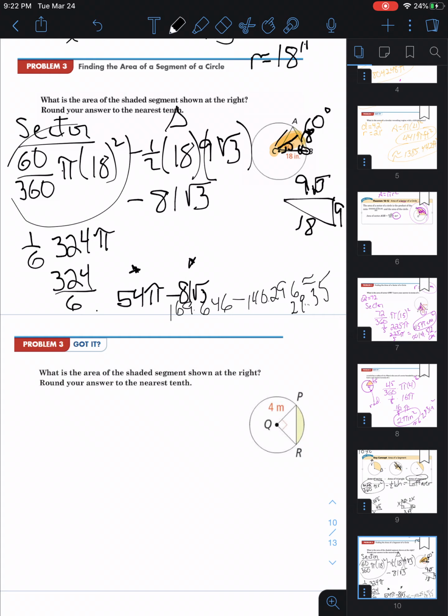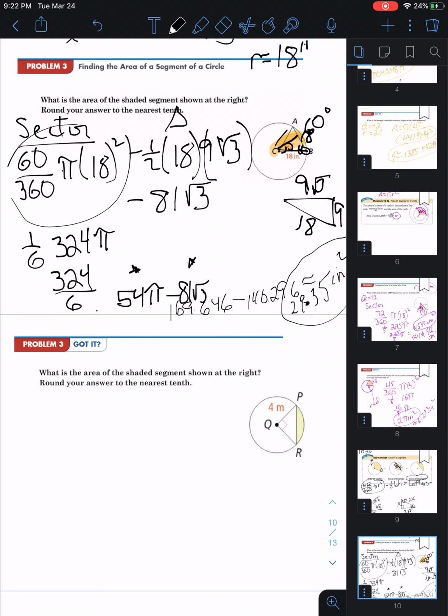And that's going to be in inches squared.